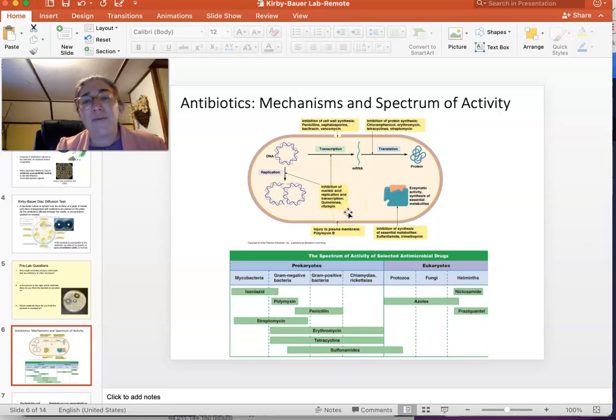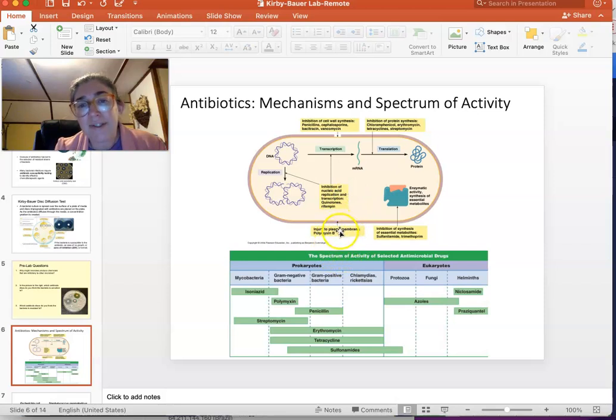Antimicrobials can also target transcription and translation. Now, transcription and translation are very similar in prokaryotes and eukaryotes, but the RNA polymerase of prokaryotes is different than the RNA polymerase of eukaryotes, and the ribosomes in prokaryotes are different than eukaryotes. So you can still find chemicals that are selectively toxic to the prokaryotic versions of those enzymes and don't affect the eukaryotic versions.